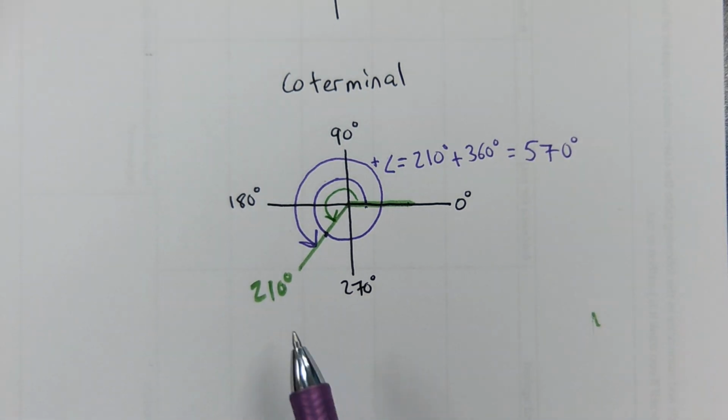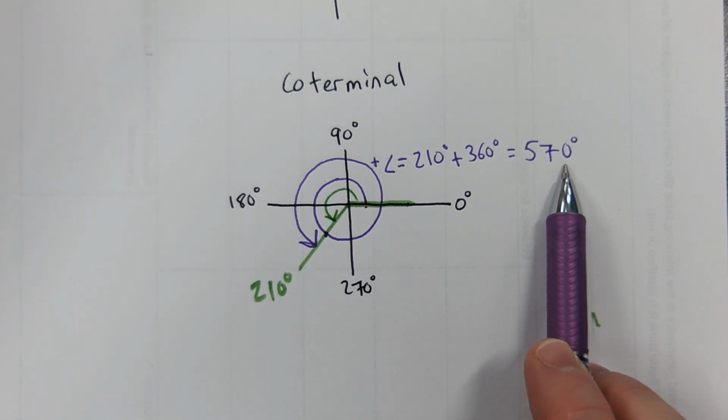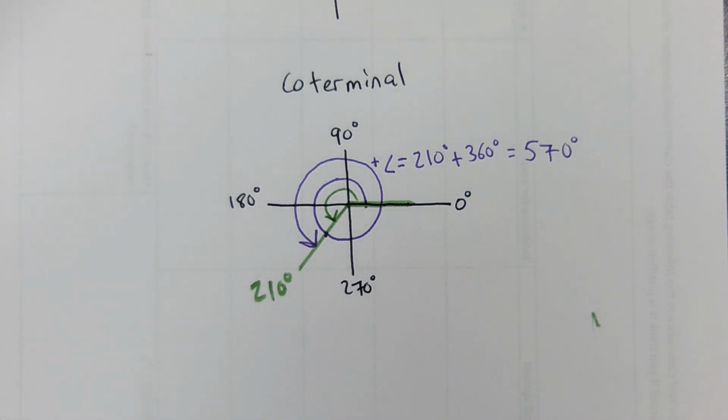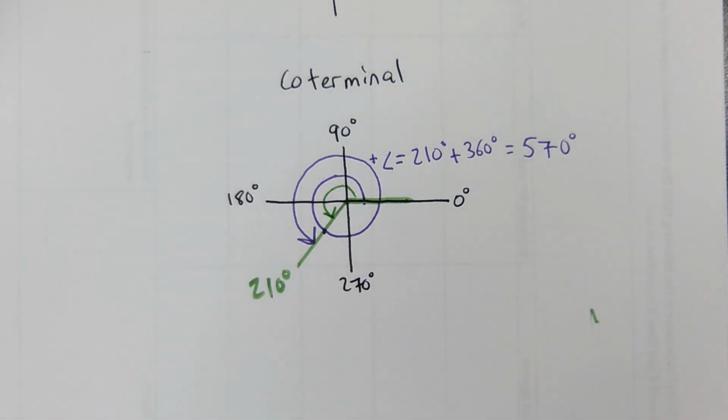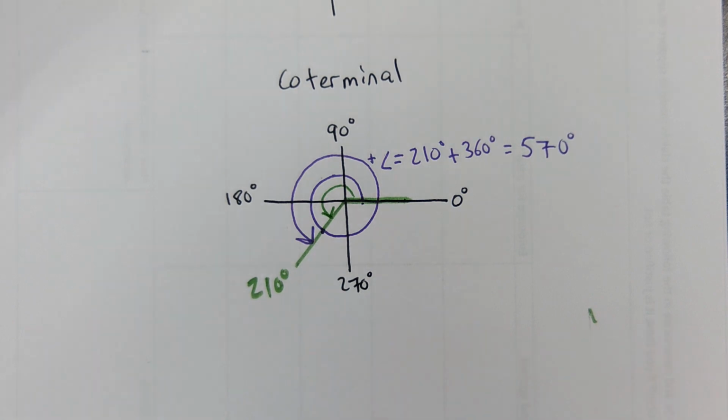So the positive angle, 570 degrees, is coterminal to the positive angle, 210 degrees. Of course, I didn't have to have positive only. I could have said, well, give me a coterminal angle, meaning begin here, end here, that's negative.